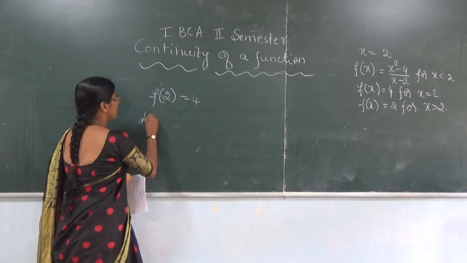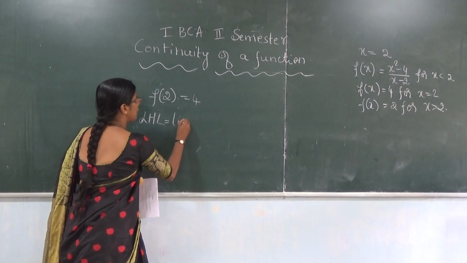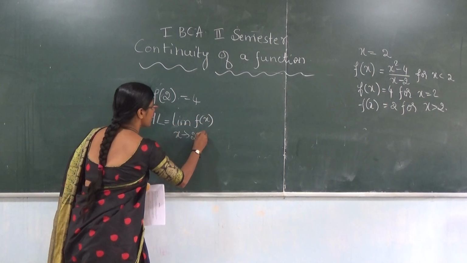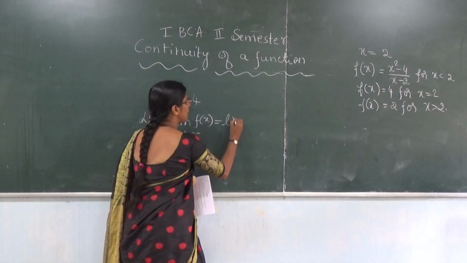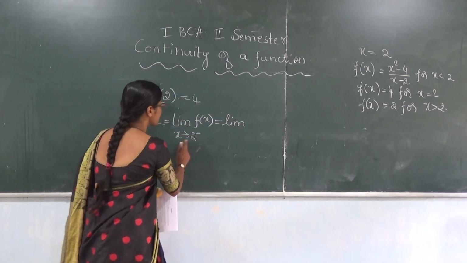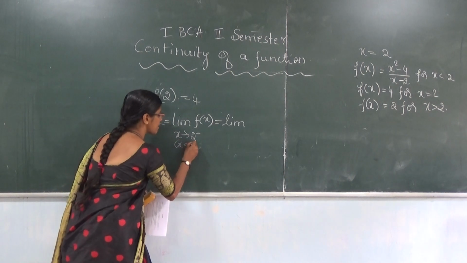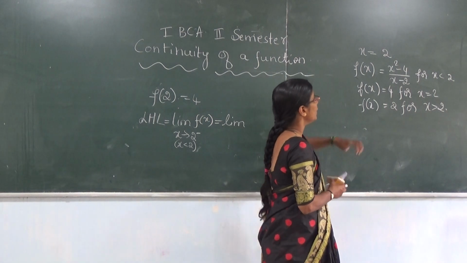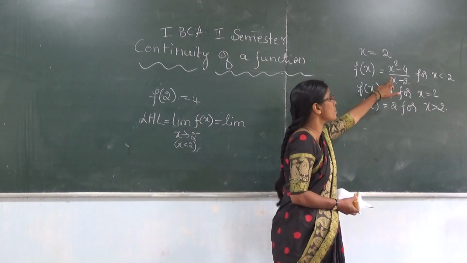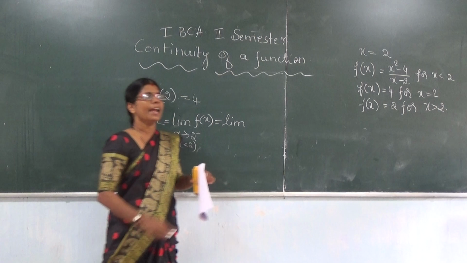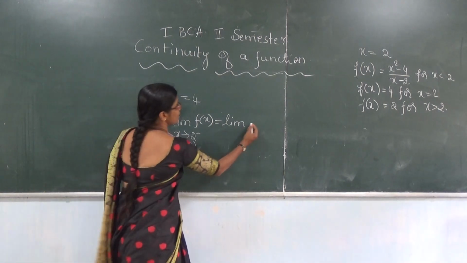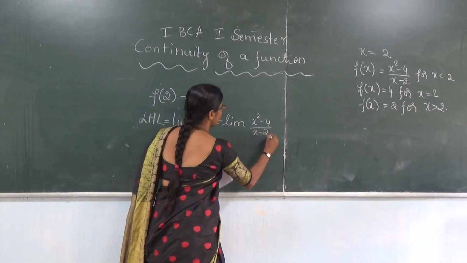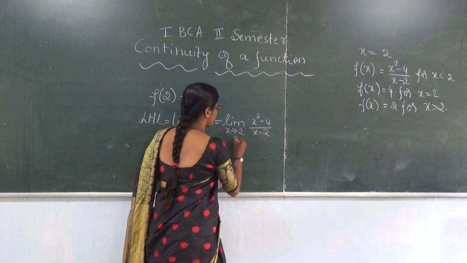Left hand limit, that is equal to limit of f of x as x tends to 2 minus, that means x is less than 2. When x is less than 2, the function is x square minus 4 divided by x minus 2.